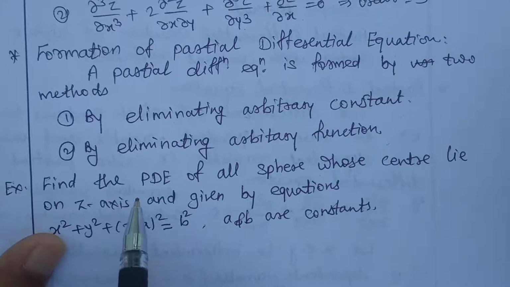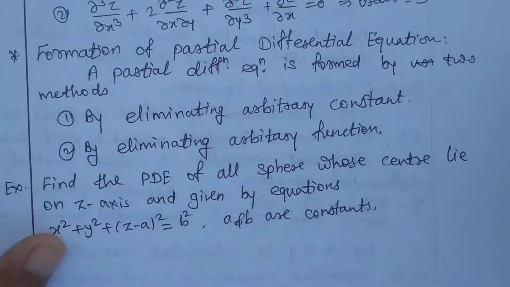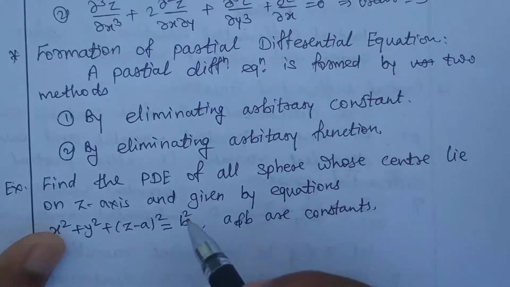The equation of a sphere is (x−a)² + (y−b)² + (z−c)² = r². Here the values of a and b are 0, because the x and y coordinates are 0 since the center lies on the z axis.